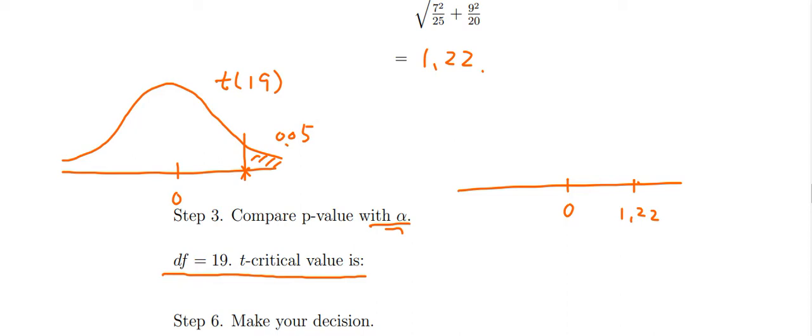We call this t star, a critical value. Checking the t table, 1 tail 0.05, degree of freedom 19, we found this number is 1.729.